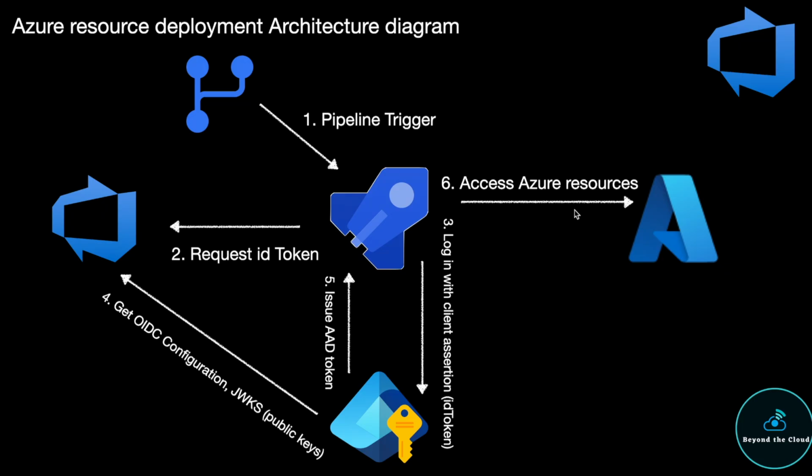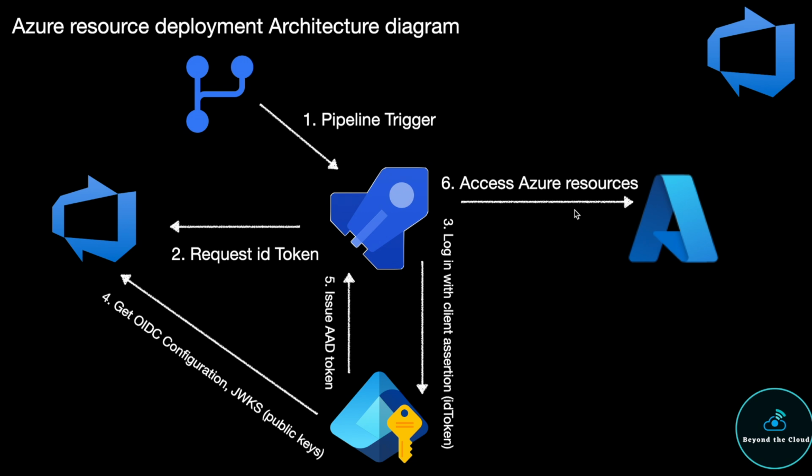But remember, I have promised that this entire architecture diagram, the whole authentication part, I will go through in detail in this particular lecture. We will go through it in detail, step by step, from the first step to the last one, where the credentials are accessed, then the credentials are used, and then the resources are deployed.